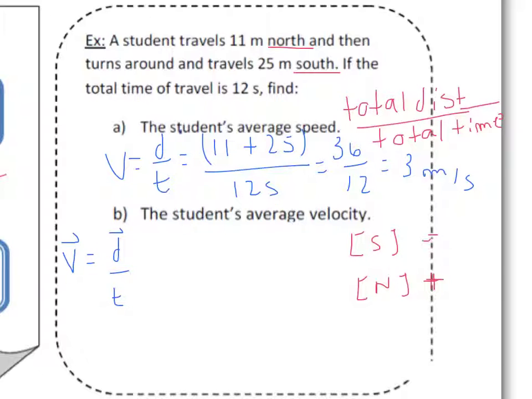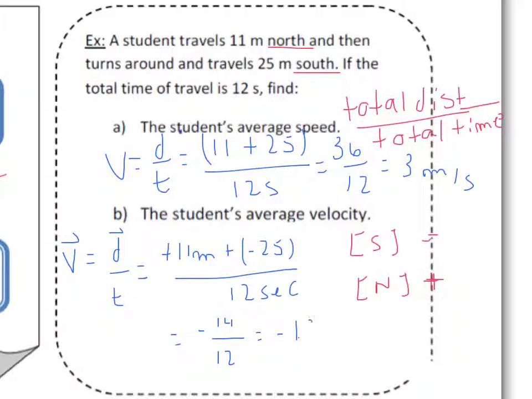Our change in position went from 11 meters north, so positive 11 meters, to 25 meters south, which is negative 25 meters, in 12 seconds. So that's going to give us negative 14 over 12, which is negative 1.2 meters per second, or 1.2 meters per second south. The negative sign and the south mean the same thing. So negative indicates the direction.